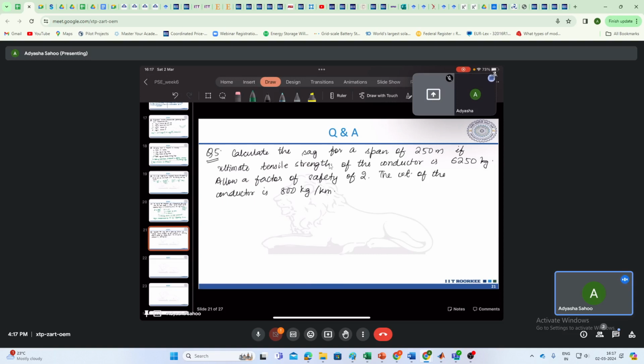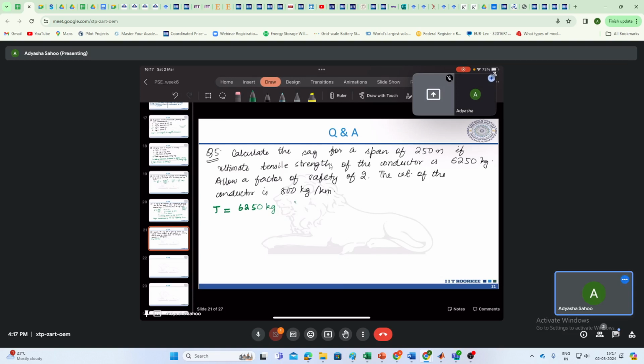So from here, your ultimate tensile strength is given as 6250 kg. So that is the maximum tension that the conductor can withstand.